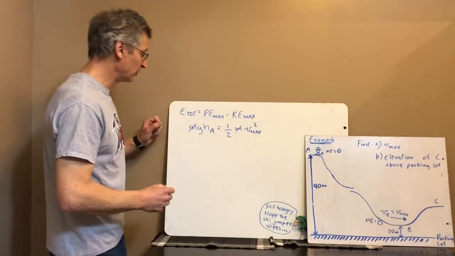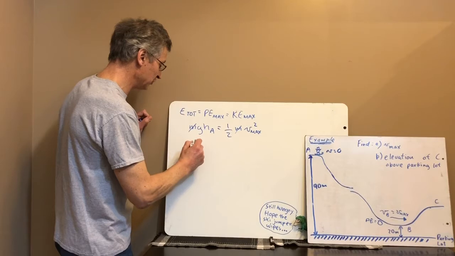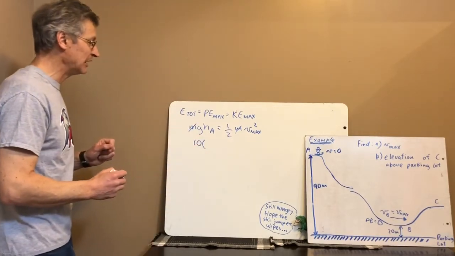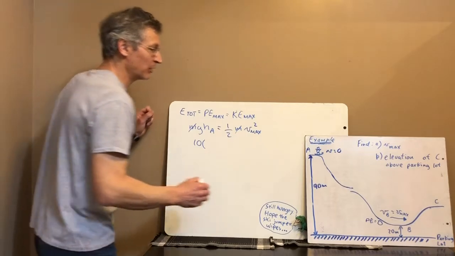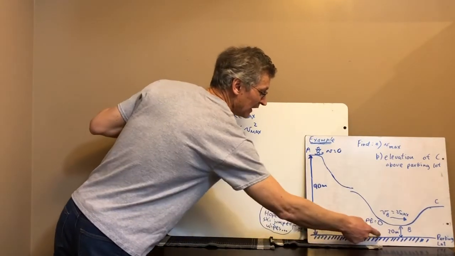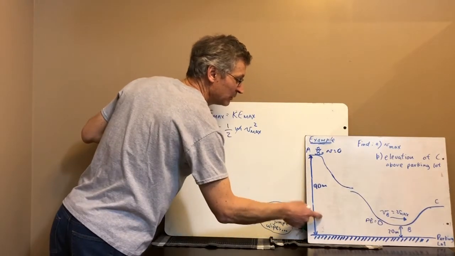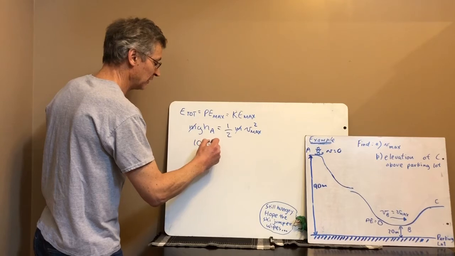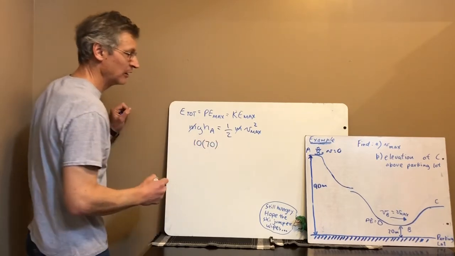Substitute in your numbers. g is 10 newtons per kilogram. The height is, remember, the height above the 0 point, so 90 take away 20, the height between A and B, the height above the 0 point, is going to be 70.